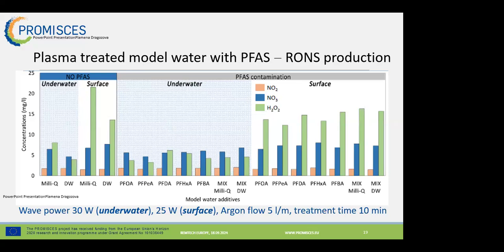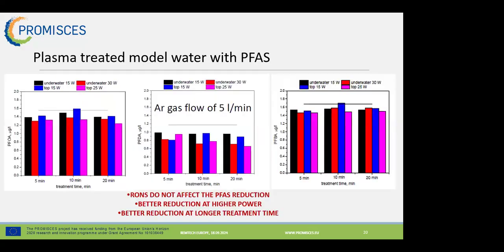And the concentration of NO3 is also a little bit higher. But what we have found after that, by measuring the reduction of the PFAS, is that it is not affected by the high concentration of hydrogen peroxide and reactive oxygen and nitrogen species.